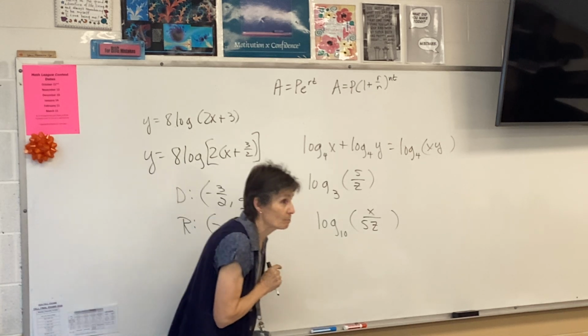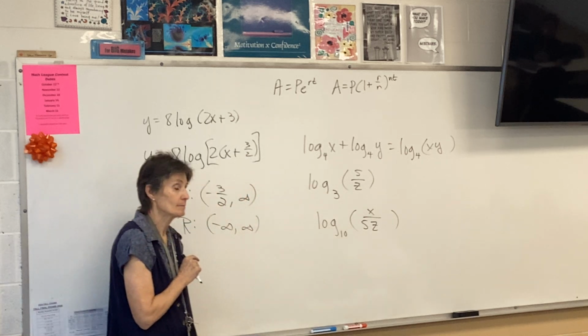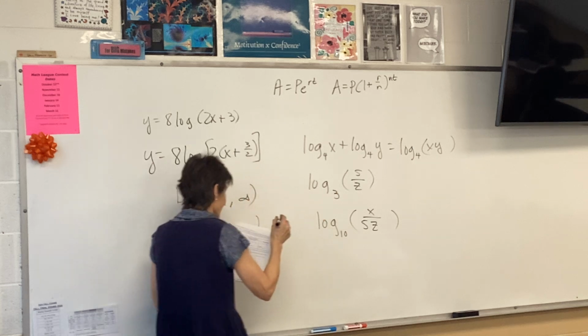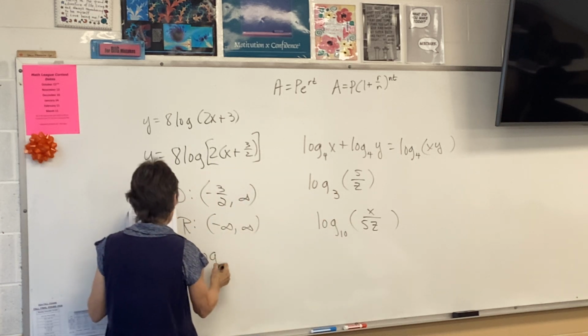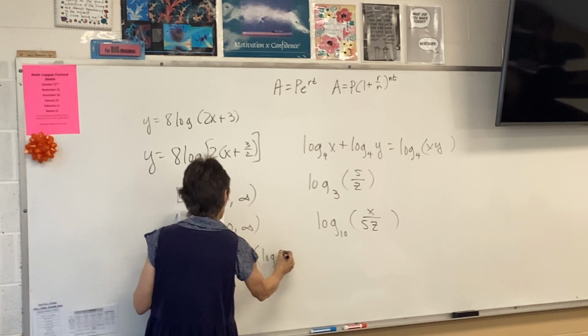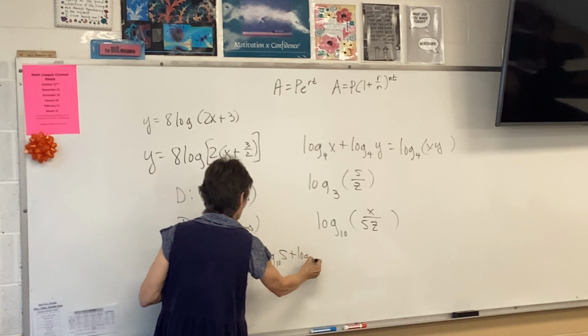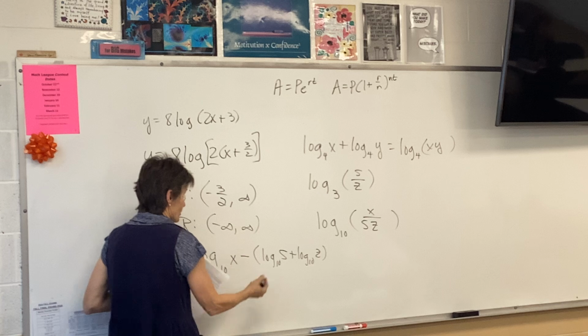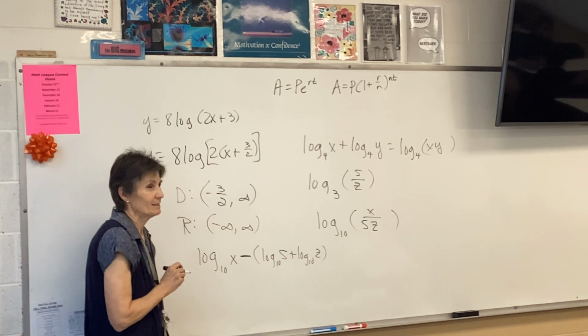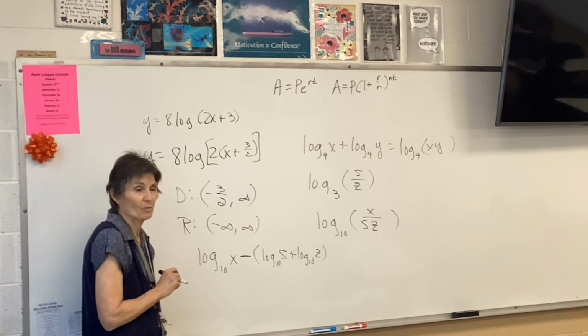Because they are both being subtracted. 5 and z are being multiplied, but they are both being divided. You're divided by the whole thing.